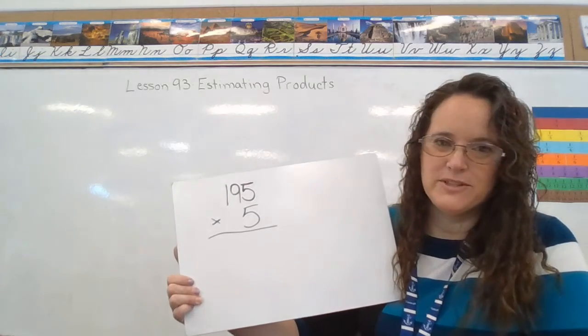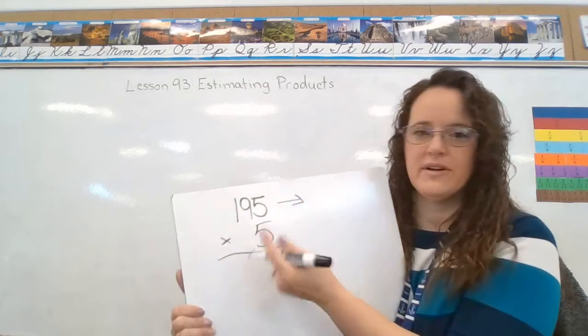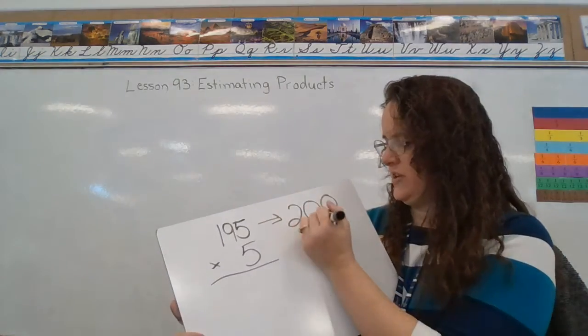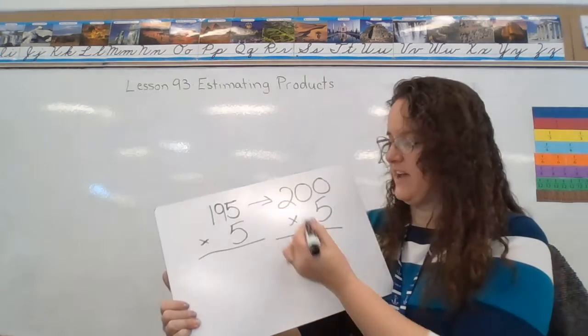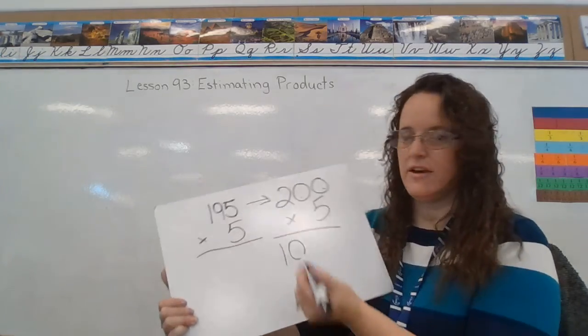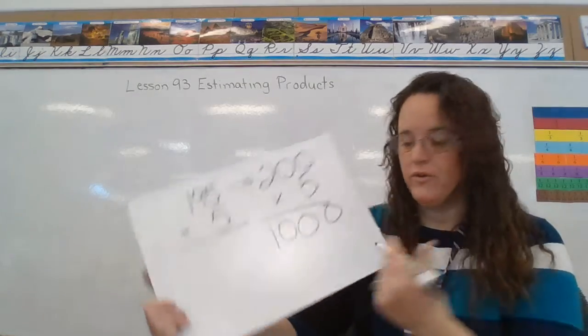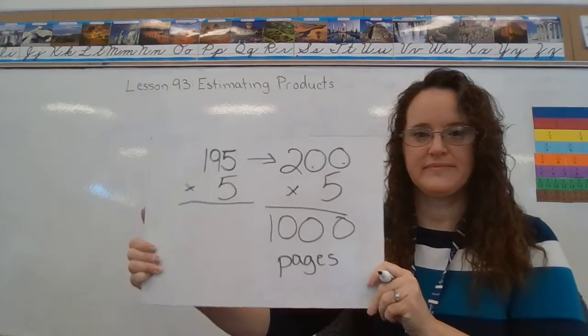Not an easy problem to do in my head, so let's round that big number. 195 rounds to 200, and 200 times 5, 2 times 5 is 10, plus we're going to tack on both of those zeros, so we have about 1,000 words. And there we go.